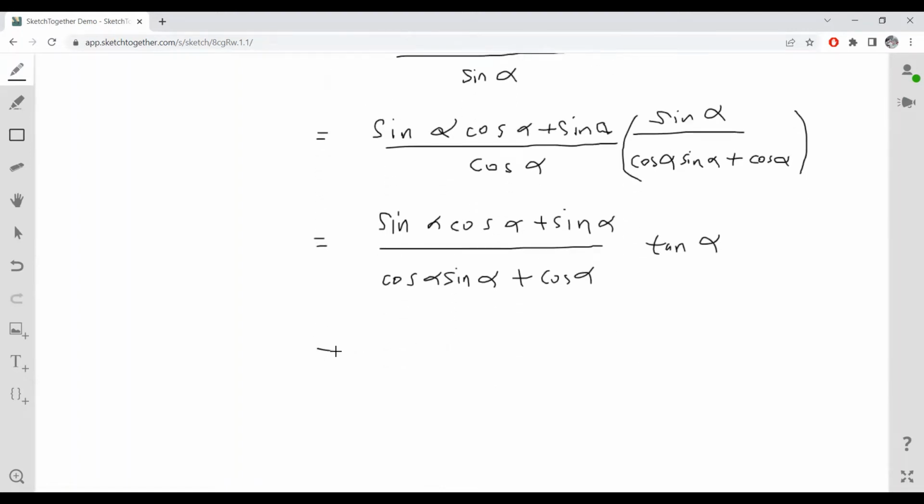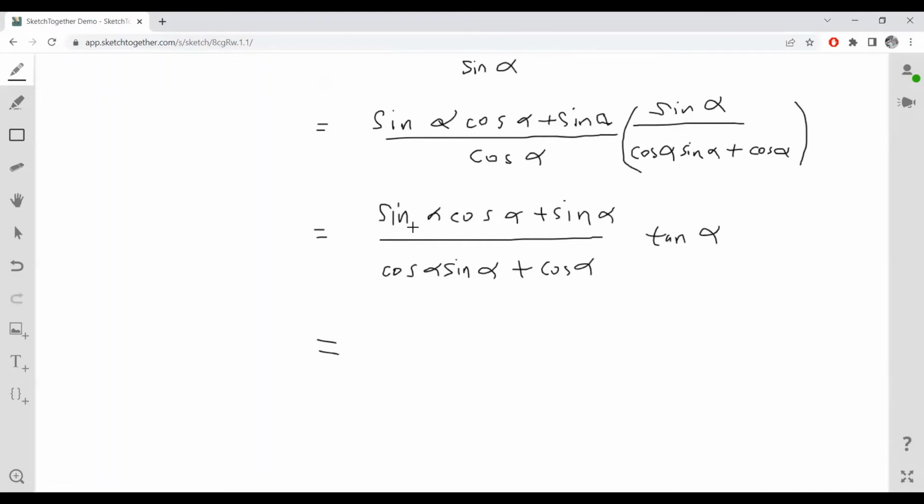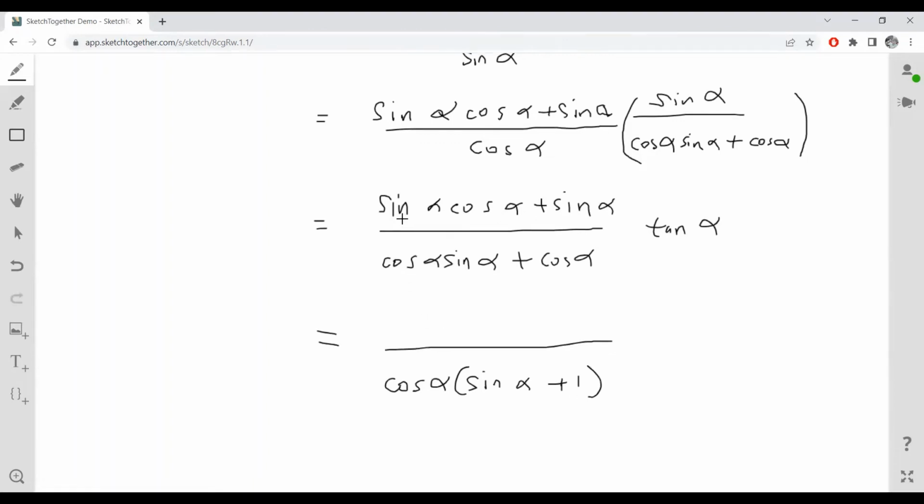Okay, so now we realize that the denominator has cosine alpha times sine alpha plus cosine alpha times 1, so we can factor out a cosine alpha. So factoring gives us cosine alpha times sine alpha plus 1. The numerator, which is sine alpha times cosine alpha plus sine alpha times 1. So we can factor out the sine alpha. That'll give us sine alpha times cosine alpha plus 1. And we still have the tangent alpha.